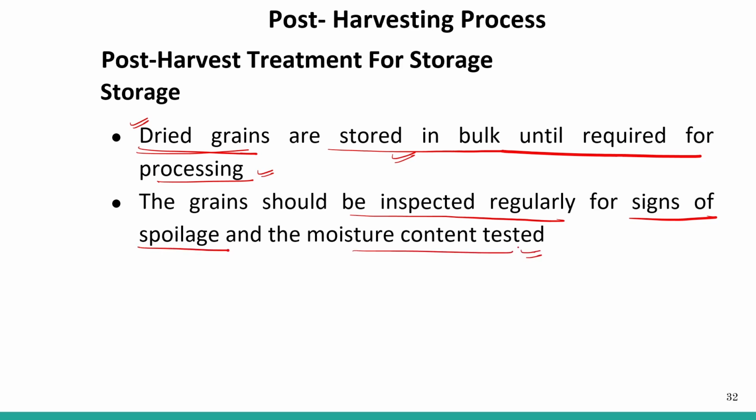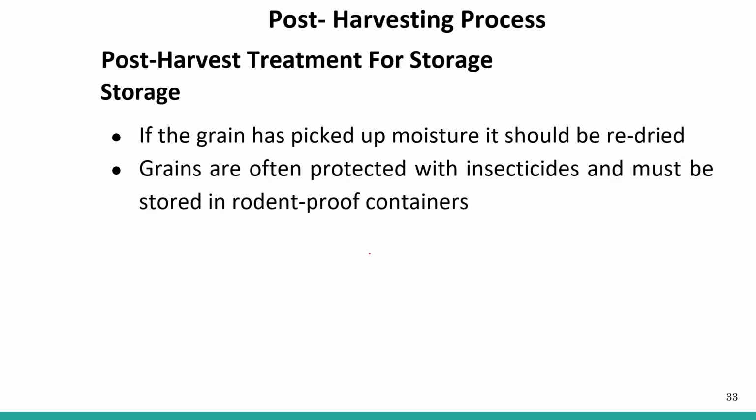So at the time of storage, first of all, we must ensure the seeds are in good condition, not in a spoiled stage, and also test the moisture content of the seeds. That should be tested, and only then should we go for the storage of the seeds.